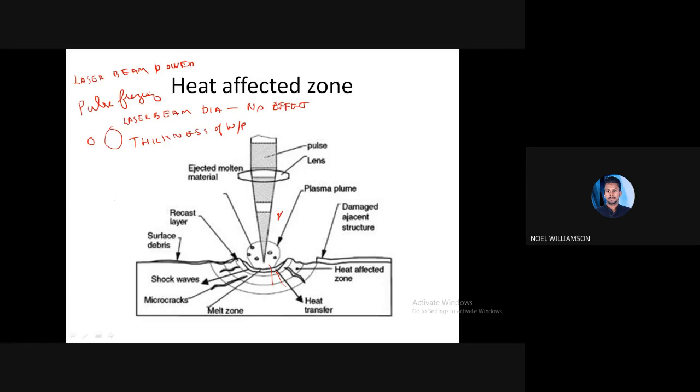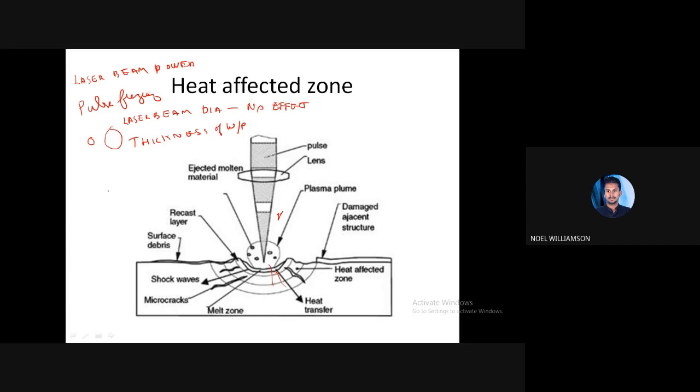Now what happens if the cutting speed is increased? When the cutting speed is increased, the time of engaging the laser beam at a particular point is decreased. That means the laser is in contact with a particular portion only for a short time.